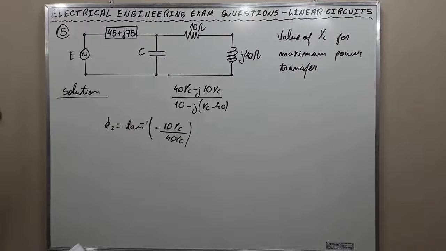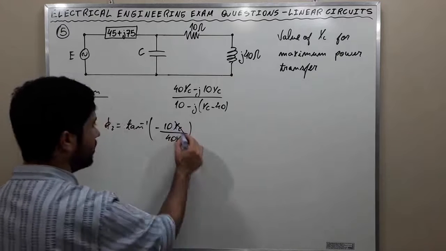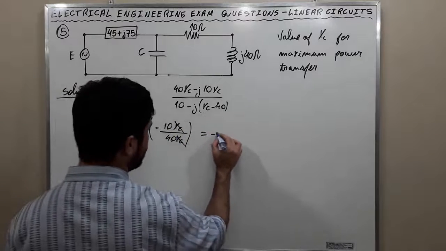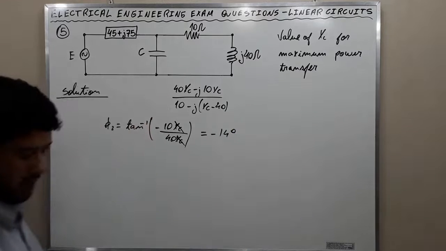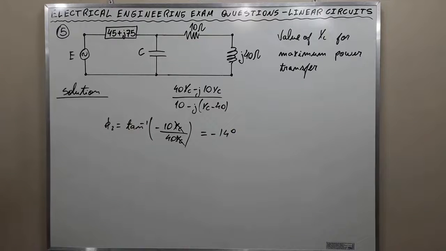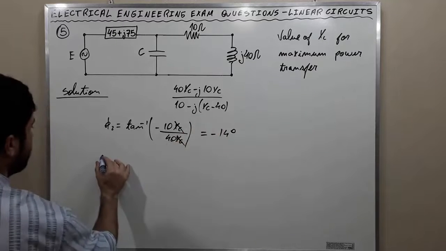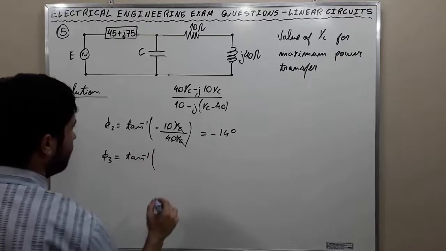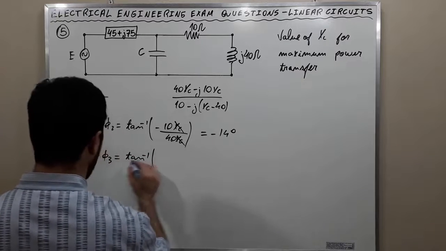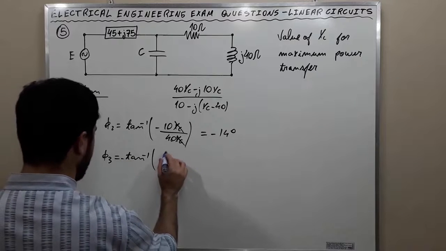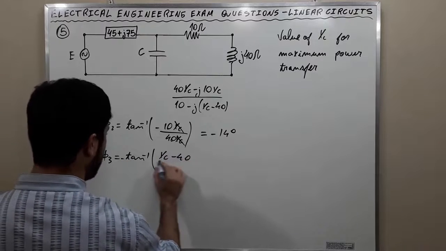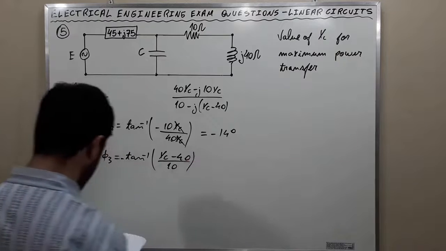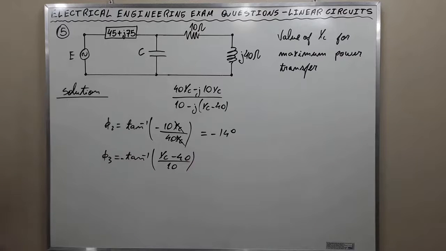And this angle is equal to, I cut this with this, negative 14 degrees. Now let's do the same for the denominator. The denominator here, phi 3, is equal to the negative of the inverse tangent of XC minus 40 divided by 10, okay? And okay, this is the angle.